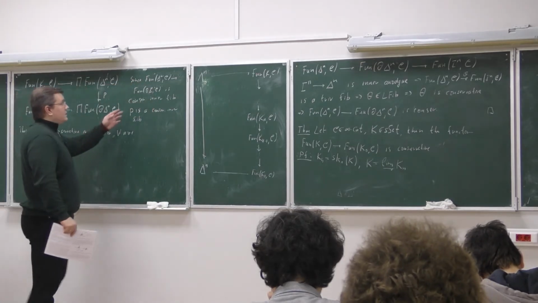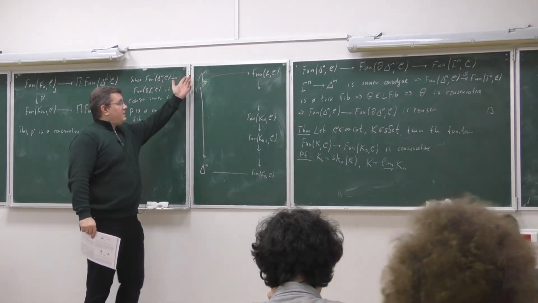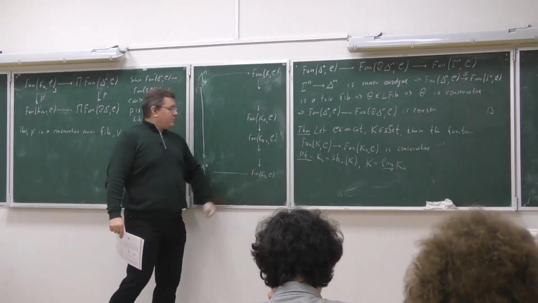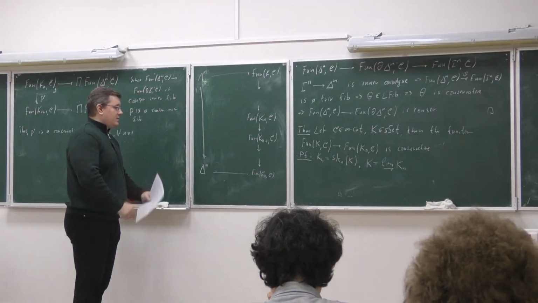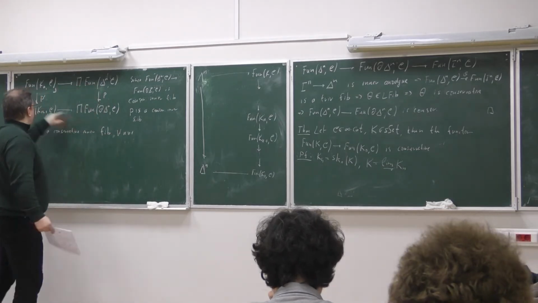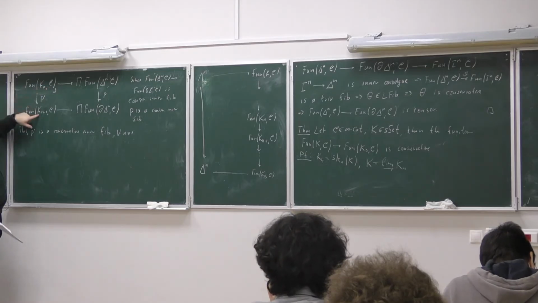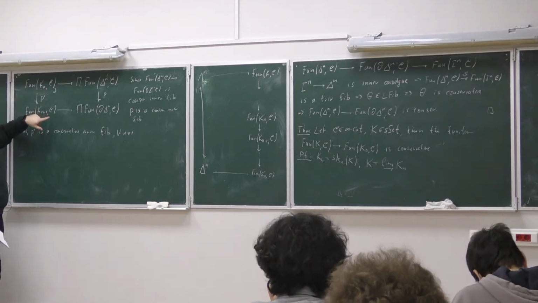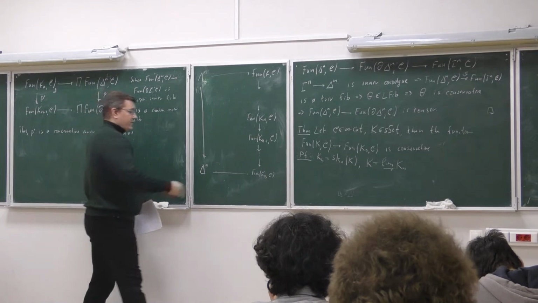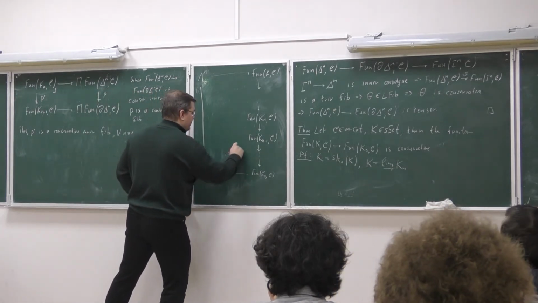Since I know that this first edge in this horn under this composition corresponds to an isomorphism, I can solve it. For example, I know that when n is equal to 1, this functor is conservative, so Fun(K_1, C) to Fun(K_0, C) is a conservative thing. And if I write K1 somewhere here, I'll get the lifting, and then the general step will be like this.